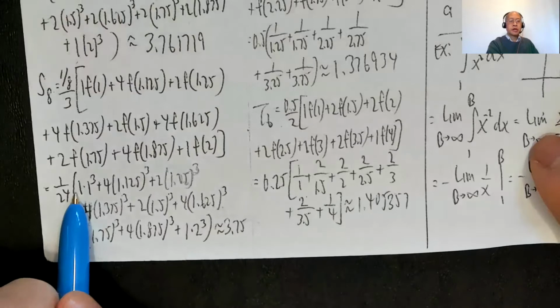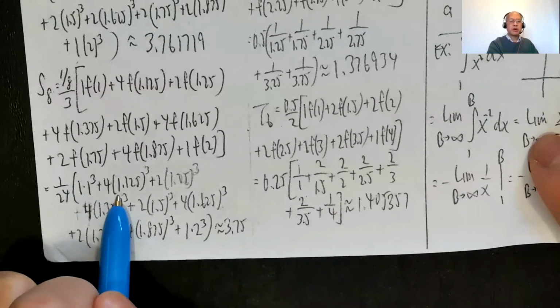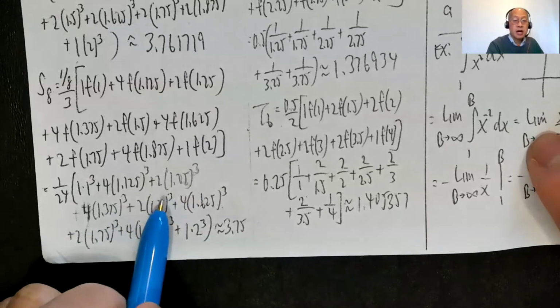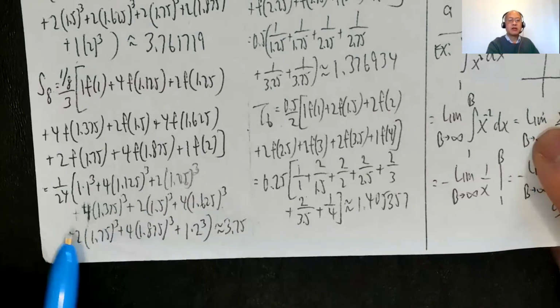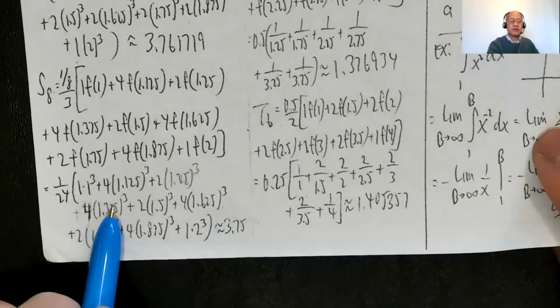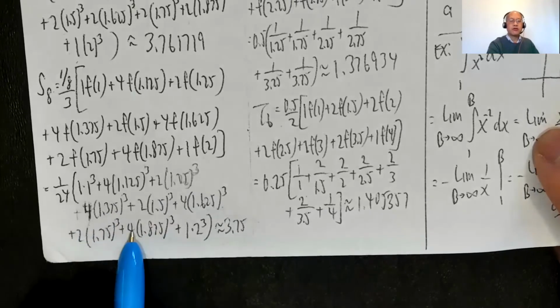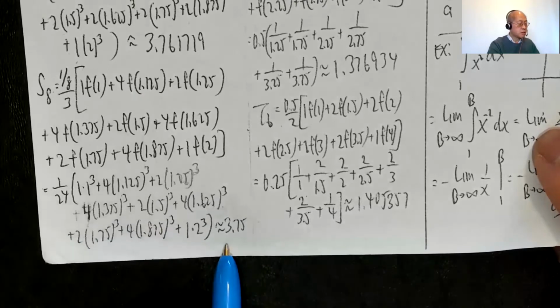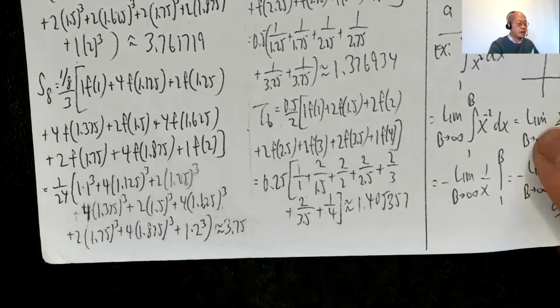So 1 times 1 cubed plus 4 times 1.125 cubed plus 2 times 1.25 cubed plus 4 times 1.375 cubed, and so on, 2, 4, 2, 4 times 1.875 cubed plus 1 times 2 cubed. Punch it in the machine, 3.75.